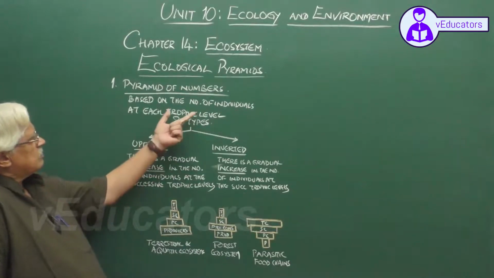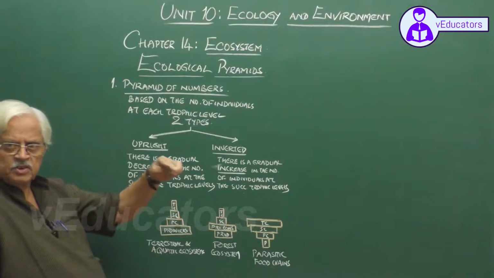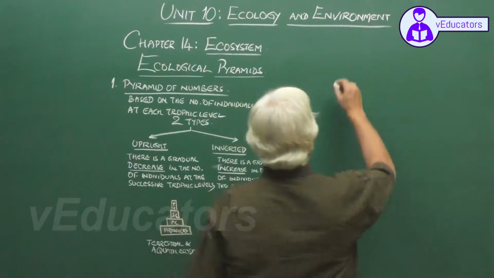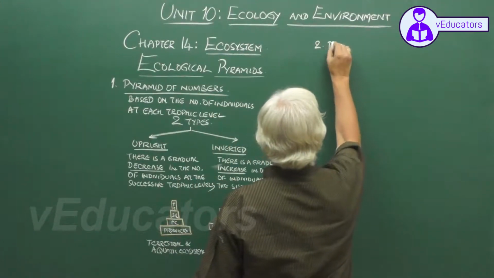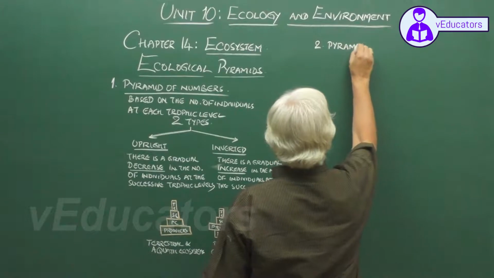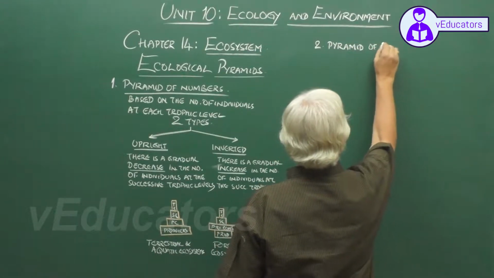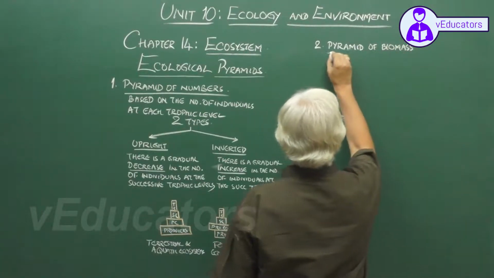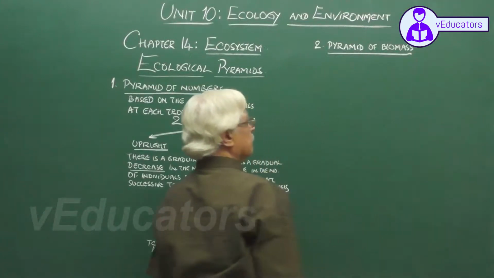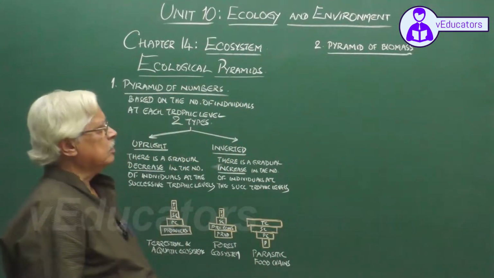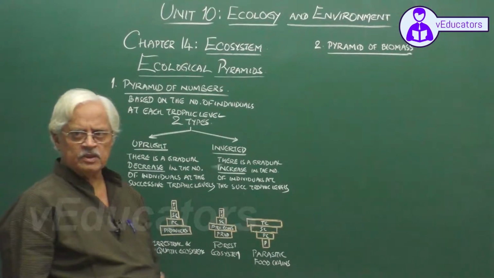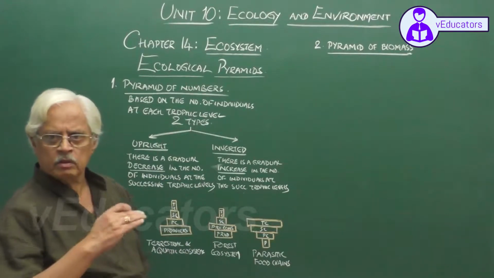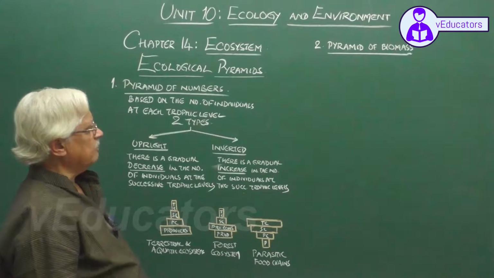So this is the situation with reference to the number of individuals at each trophic level. Then wherever number cannot be ascertained, pyramids can be constructed based on the total mass of the individuals, organisms occupying a particular trophic level.